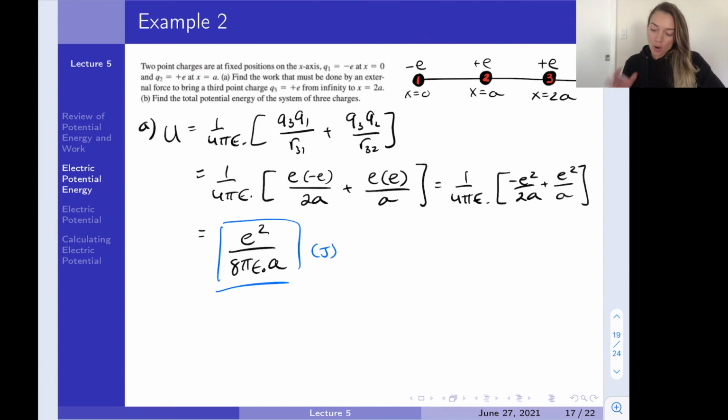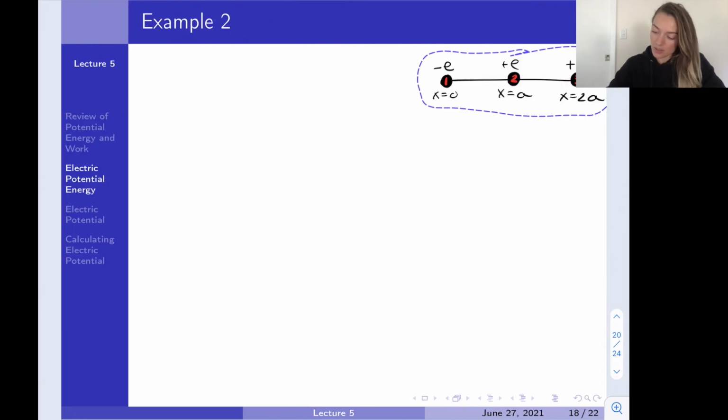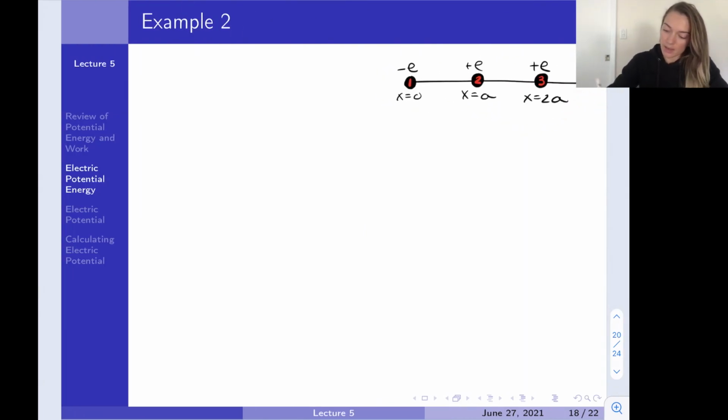Now, the total potential energy of the system of these three charges. So when you see total potential energy, that means how much work did I have to do to bring in the first charge with nothing else there, then bring in the second charge, then bring in the third charge. So how much work is required to assemble the system? For that, you're going to need to add up the contribution from each pair of charges without overcounting or double counting.